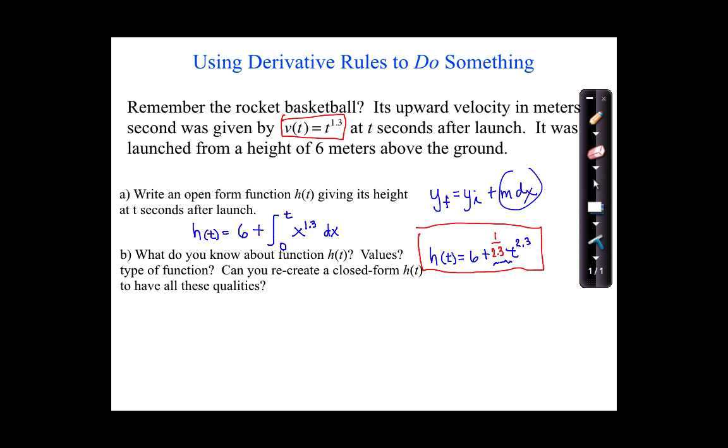Write an equation for a height that changes at this rate, t to the 1.3 power, and at time 0 has a value of 6, or in other words, in context, at time 0, the height value is 6 feet, what are we? Meters. So we're using an initial condition along with a rate of change to be able to recreate an entire function.